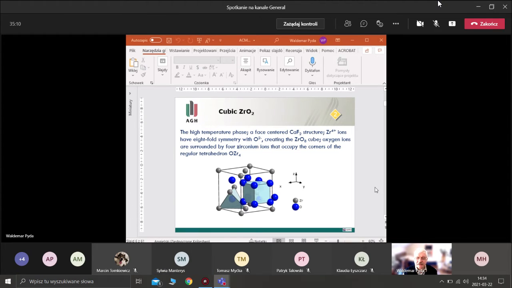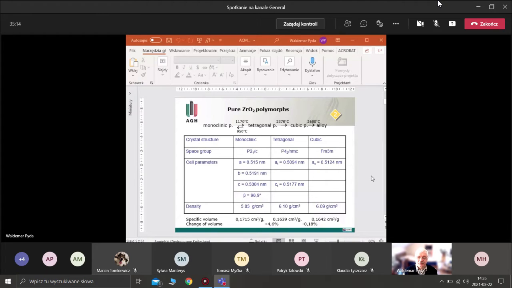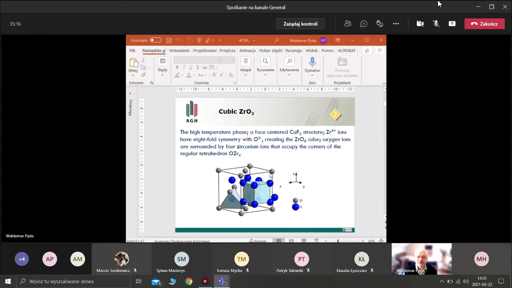Could you please tell us, what is the symmetry of this elementary cell? Is this cell body-centered or face-centered, in your opinion? I think that this is face-centered. Yes, that's right.